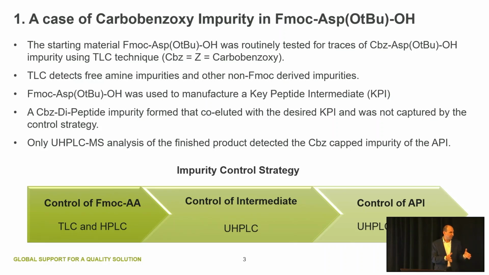And then we ended up detecting it in the UHPLC-MS of the final peptide. So this is an example of why we need to continue to develop and evolve our control strategy for Fmoc amino acids. And yes, our suppliers test for the purity and all the other attributes, but we conduct the testing as well.